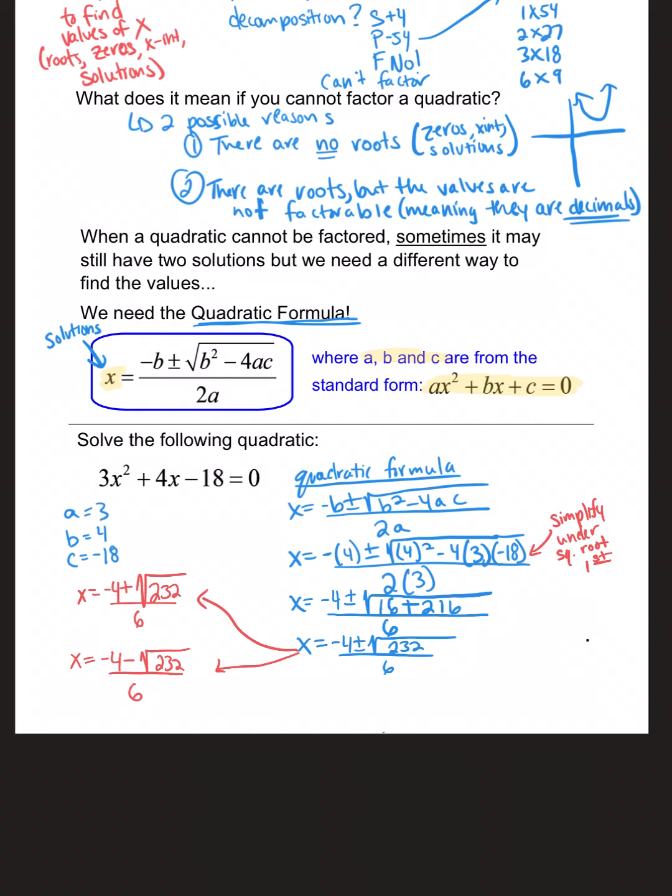Okay, and we'll write that this is an or situation, where you can have either value. Then we're just going to solve. So you should be able to punch all of this in your calculator to make sure you're getting the most accurate answer. So we'll have a negative 4 plus whatever the square root of 232 is, divided by 6, and that will equal 1.87. And if we do negative 4 minus the square root of 232 over 6, we should get a negative 3.20.